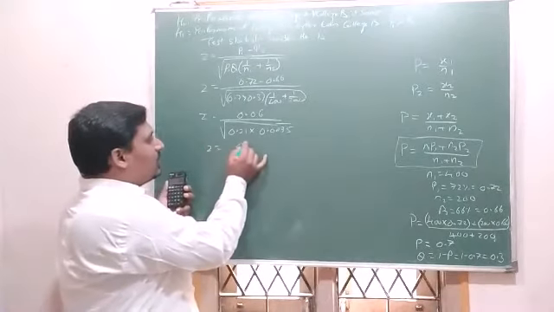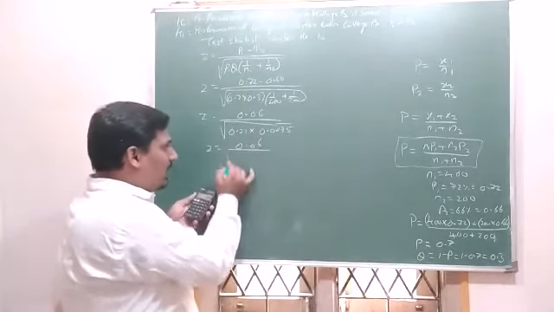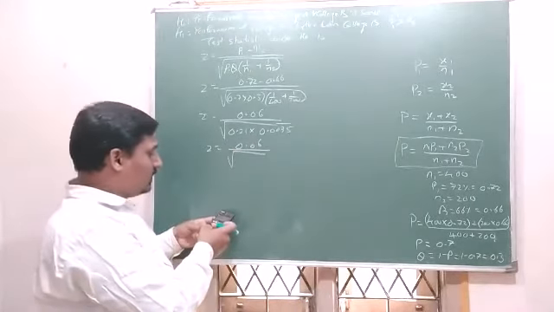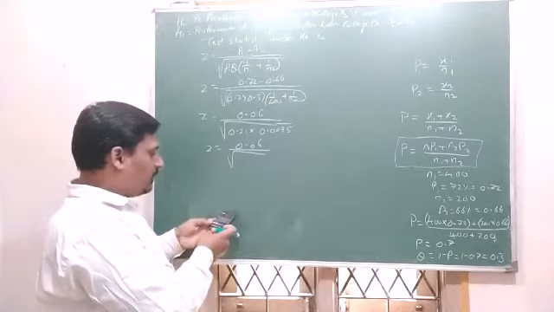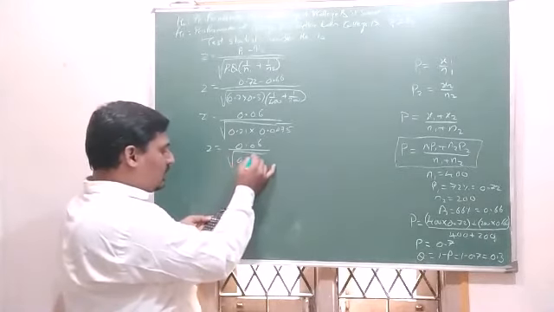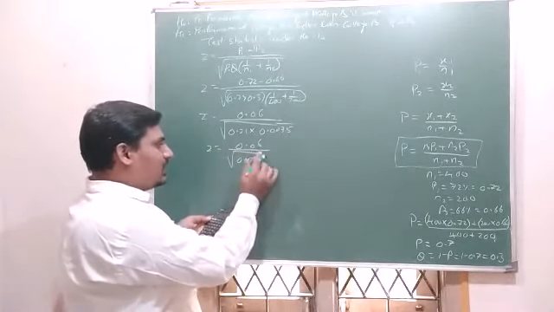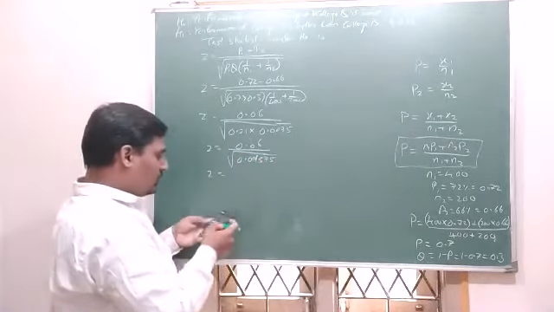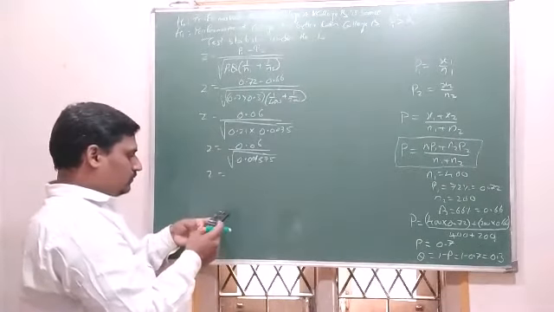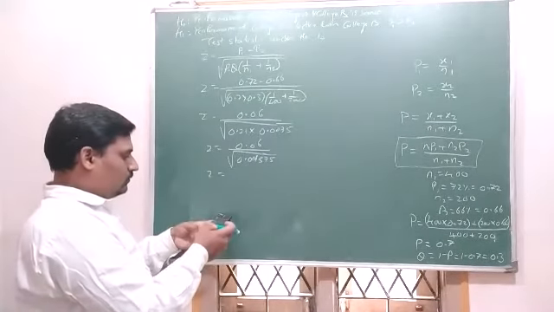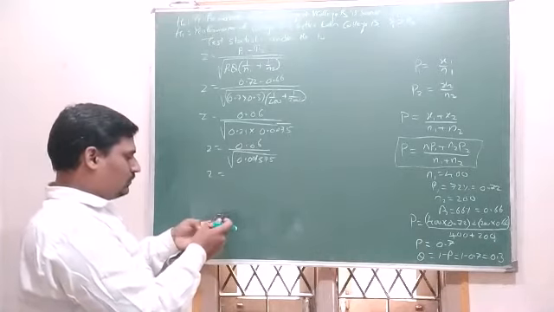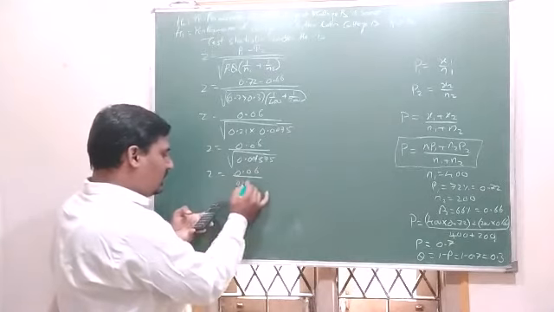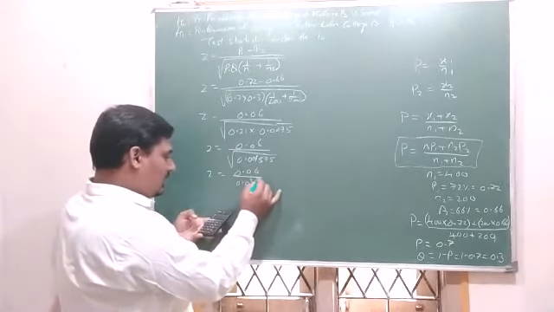Now Z is equal to 0.06 divided by root of 0.0075 into 0.21, which is 0.001575. So Z is equal to 0.06 divided by 0.03968.